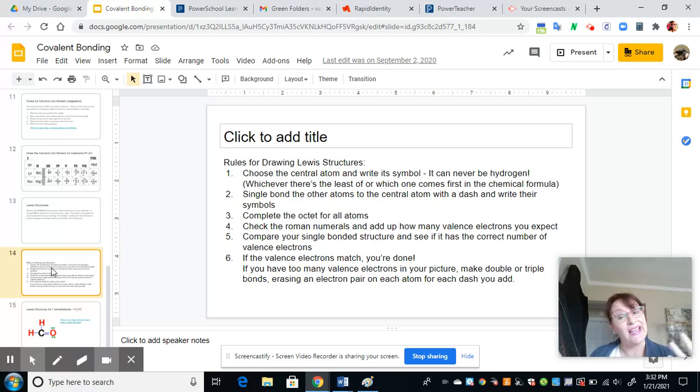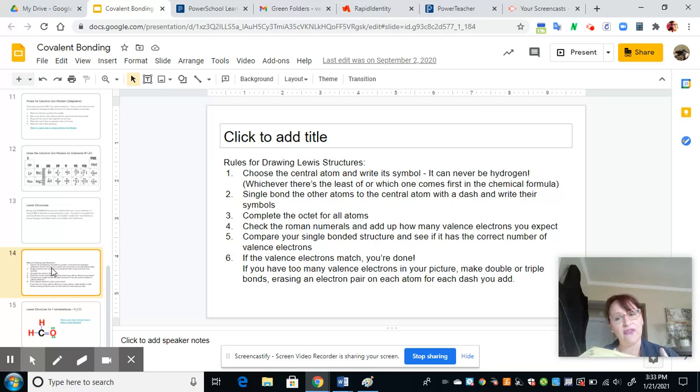Now to see if you've done it right, and if everything is just single bonded, then you go to your periodic table and you add up all of the numbers of valence electrons for all of the atoms that you have in your formula. And then you count how many you've drawn in your diagram and you see if they match. If you've gotten the correct number of dots and dashes in your diagram, you're done.